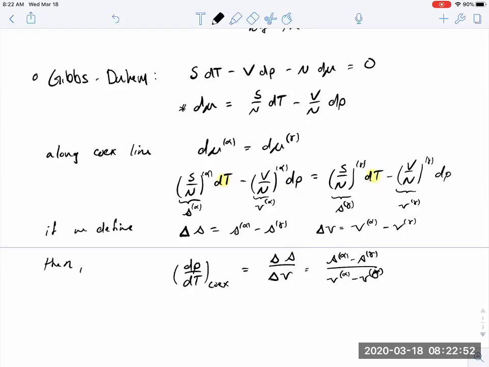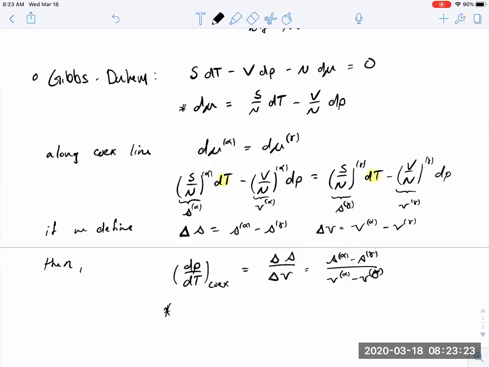So indeed, generic for any system, any phase transition, I didn't even tell you what phases alpha and gamma really refer to. We know the shape of a coexistence curve. If there's a coexistence curve, we can predict its slope in the pressure and temperature plane by knowing how the entropy changes across that phase transition and how the volume changes.